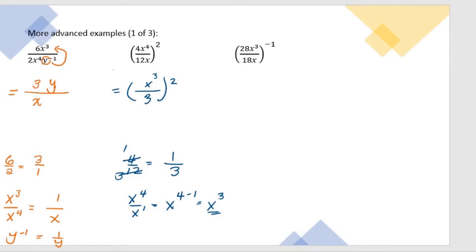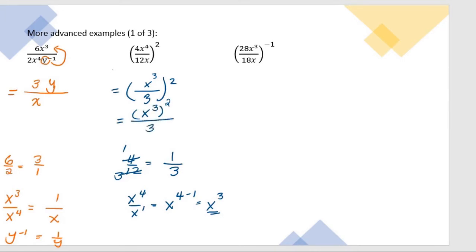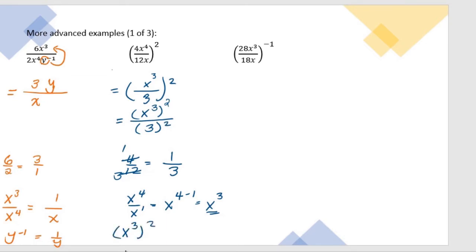All right, there's nothing else we can simplify inside the brackets, so it's time to raise everything to the power of 2. So we have x cubed, we'll raise that to the power of 2, and 3 in the denominator, also to the power of 2. So where we've got x to the power of 3 and we're raising that to the power of 2, we need to use the property of exponents that lets us take the 3 already raised to a power and raise it to an additional power.